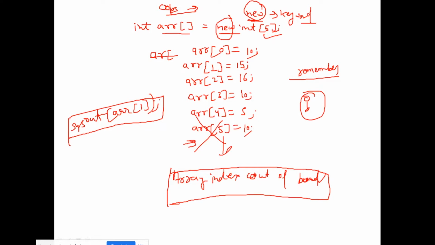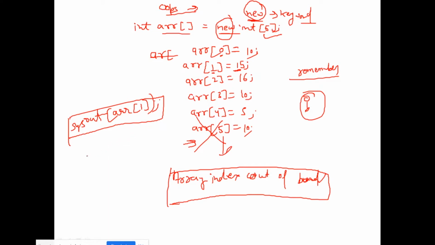Why? Because it is taking 0 as well. Who said? No, no, this is 0 index, right? This is 1 index, so it will print 15. Don't assume whatever the code is that will happen.